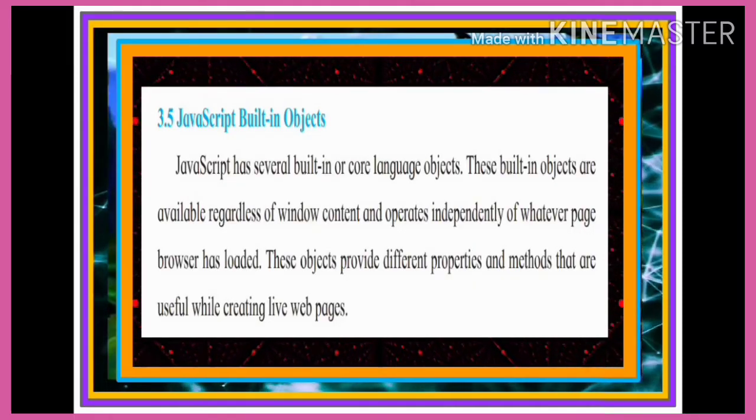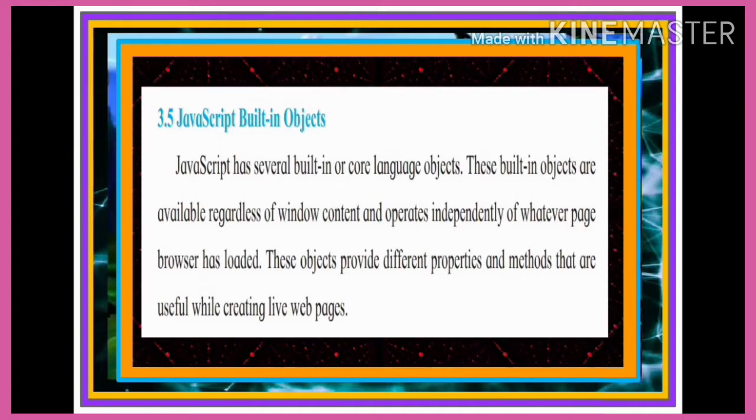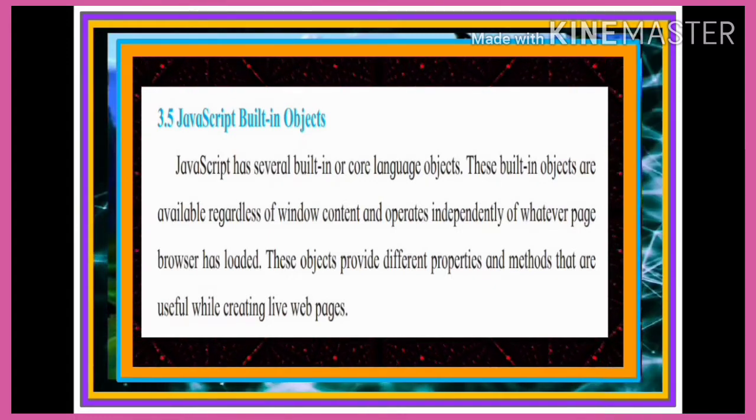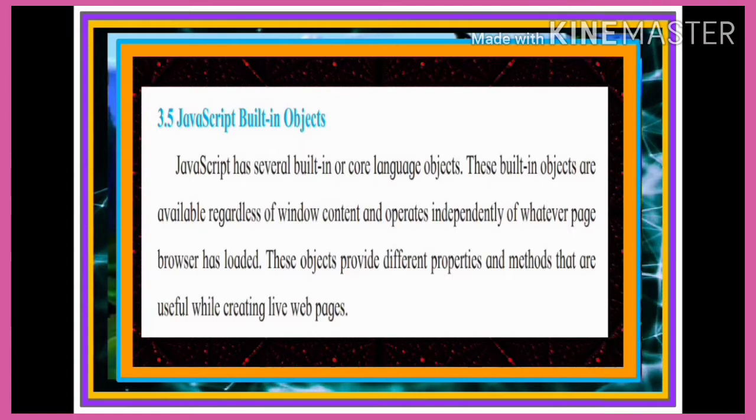Our next topic is JavaScript built-in objects. JavaScript has several built-in or core language objects. These built-in objects are available regardless of window content and operate independently on whatever page browser has loaded.